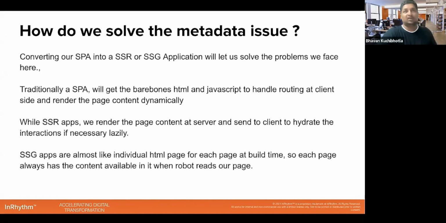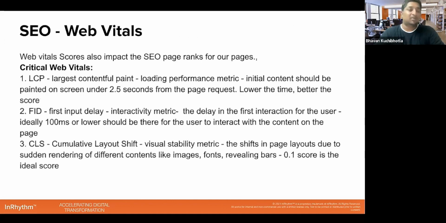Basically, we build multiple HTML files for each URL, and whenever that URL is requested, we give that HTML, and it will have all the metadata it needs. So the SEO problem can be directly solved with SSR apps and SSG apps. This is not a workaround, it is the only solution in terms of single page applications for React.